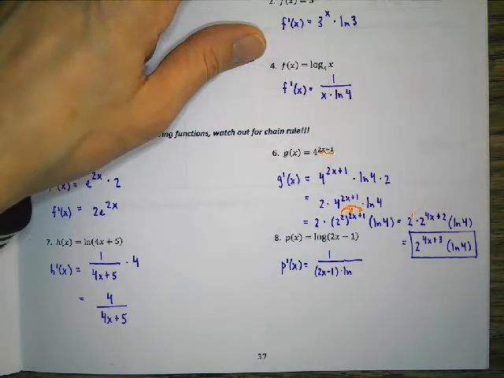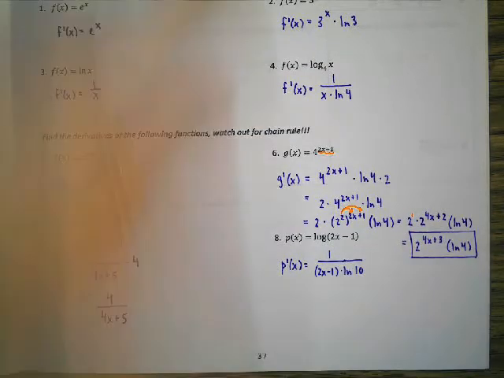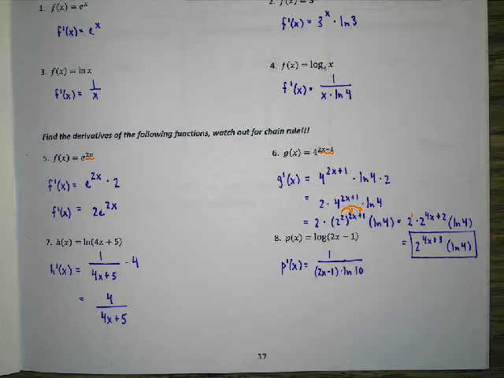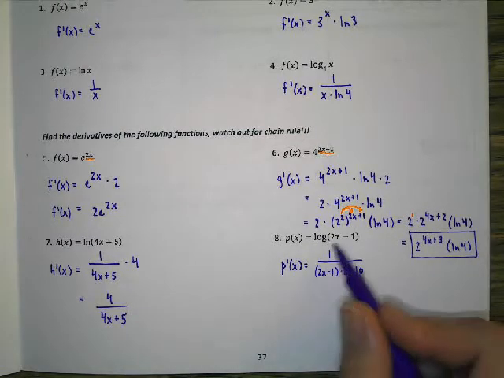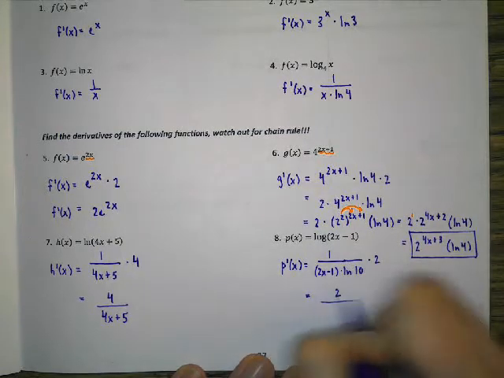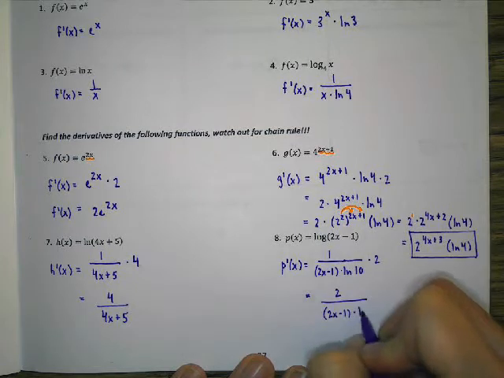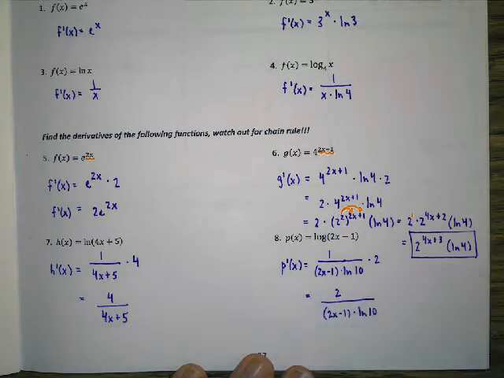And now here we have to remember that if it's not specified, or if it's not actually listed there, then our base is 10. So 1 over the difference of 2x minus 1 times the natural log of 10, and then the derivative of our inside is just 2. So our derivative is going to be 2 over 2x minus 1 times the natural log of 10.